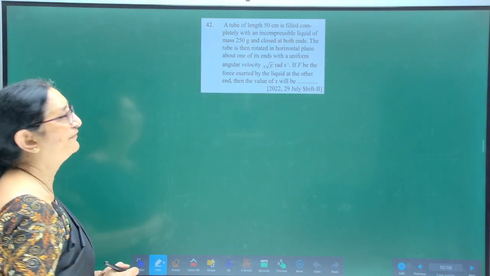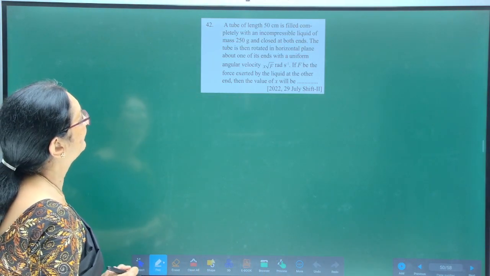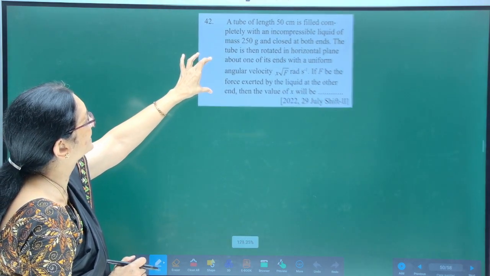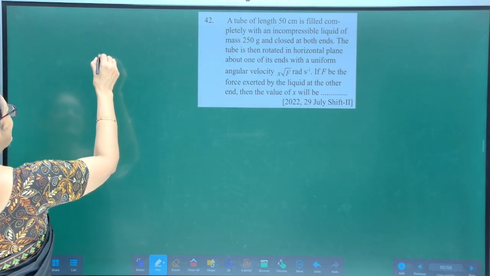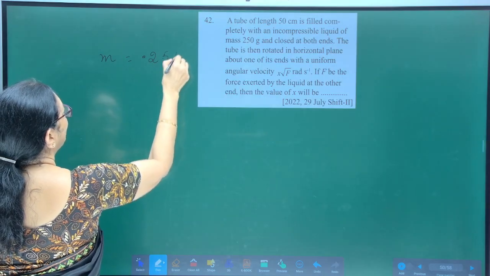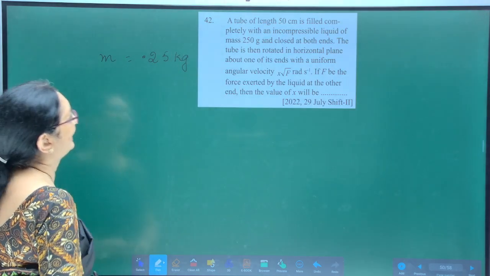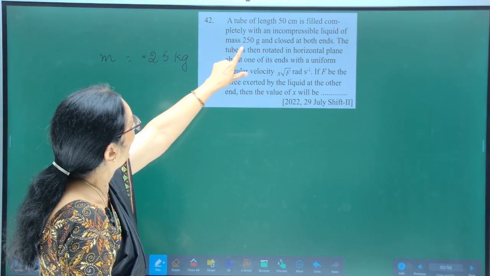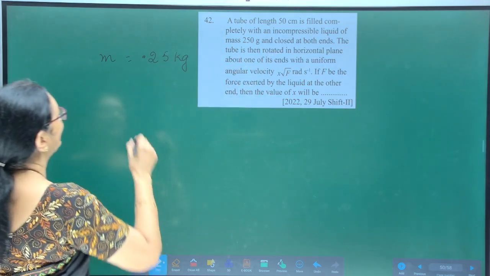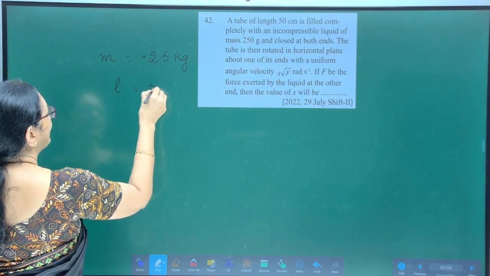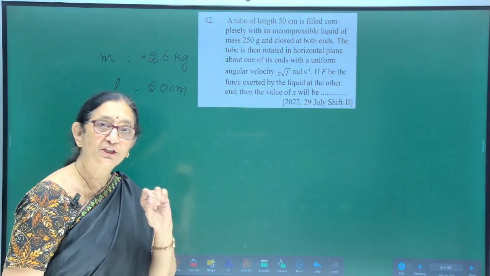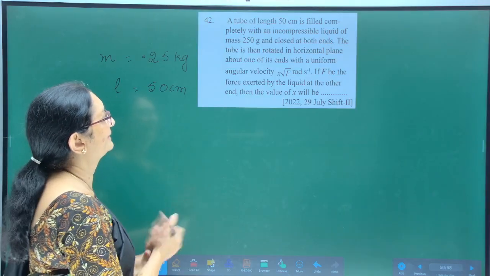A tube of length 50 centimeters is filled completely with an incompressible liquid. The mass of the liquid is given as 250 grams, that is 0.25 kg, and the tube is closed at both ends.